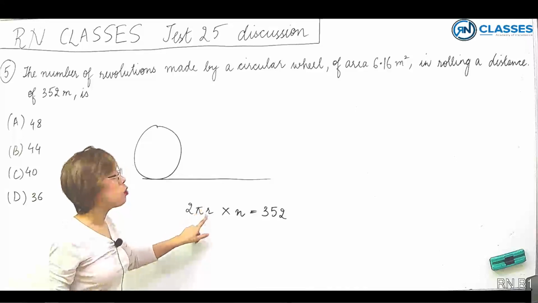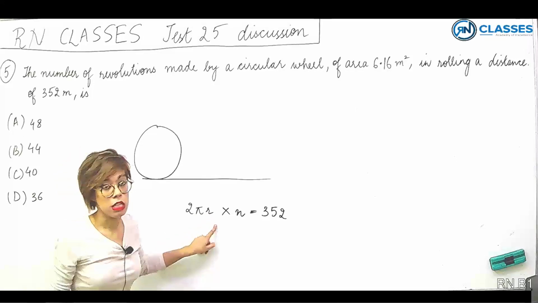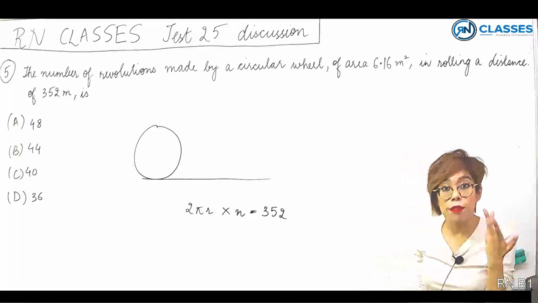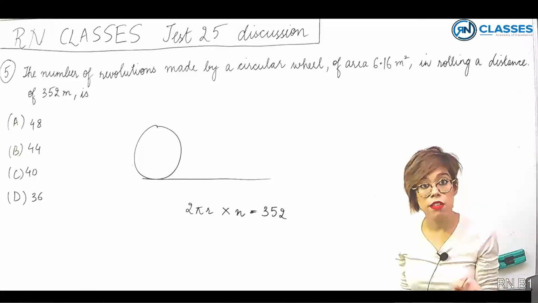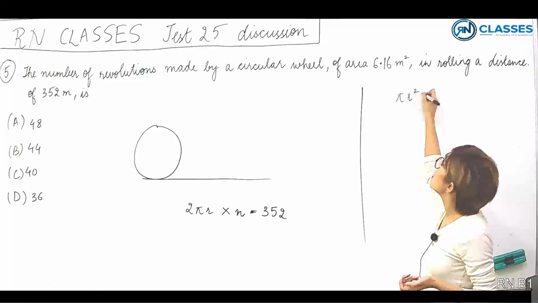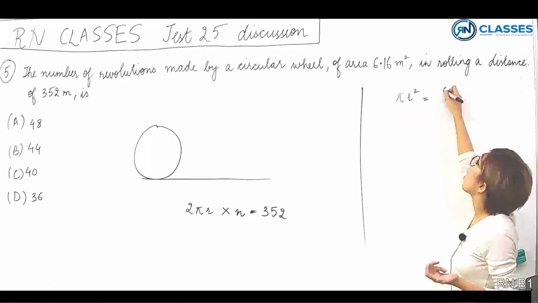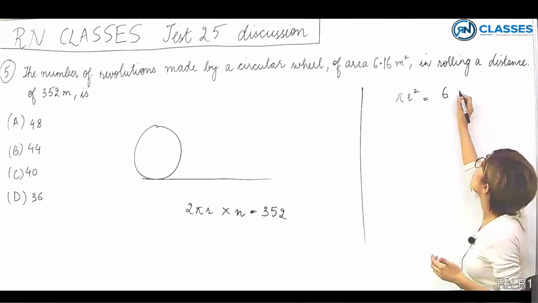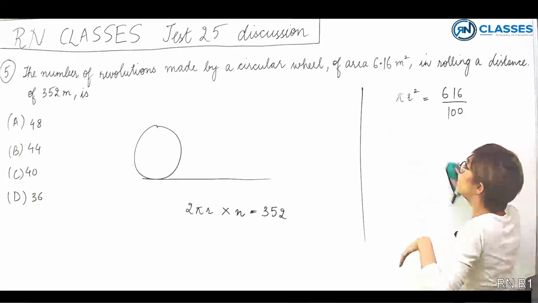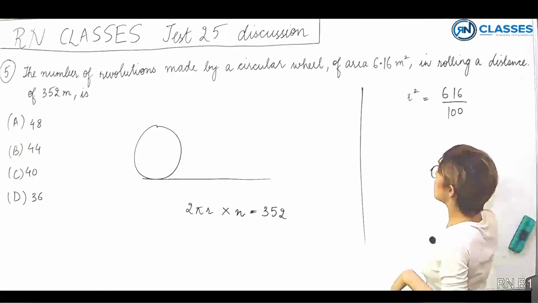That means I need to find out radius first. And for radius he says the area is given. Area of a circle is given. Can't you find the radius? Now area is what? Pi r square is equal to 6.16. Now I'm not a big fan of decimals, so I'll write it like this. Right? And let's put in the value of pi, which is 22/7.